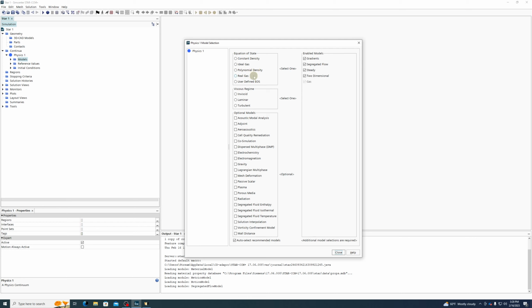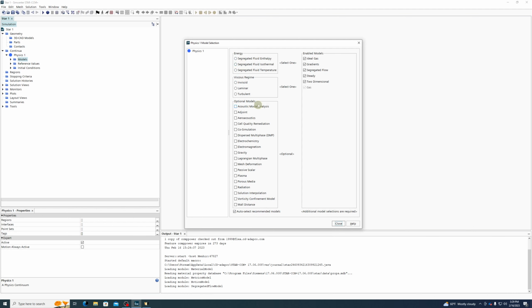Or we could tell it it's a real gas or some other fancy equation that we use to define how this gas interacts or how it behaves, the equation of state for this gas. Usually you won't have to do anything other than ideal gas or constant density, but if you start breaking the assumptions that go with either of these, you might need to use fancier equations to define how the gas behaves. So we're going to stick with ideal gas for the moment.